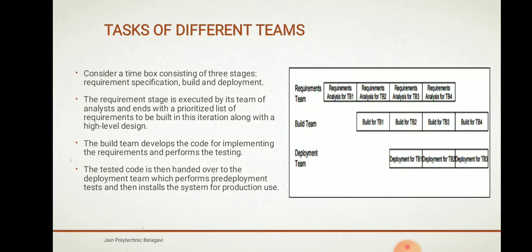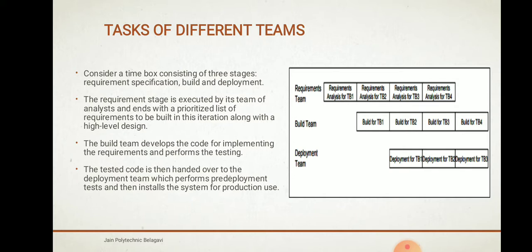So here is an example. Consider a time box that consists of 3 stages: requirements team, build team and deployment team. So 3 different teams will be needed for this model. The requirement stage is executed by its team of analysts and ends with the prioritized list of requirements to be built in its iteration, along with high level design. So the requirements team will do the analysis for TB1.